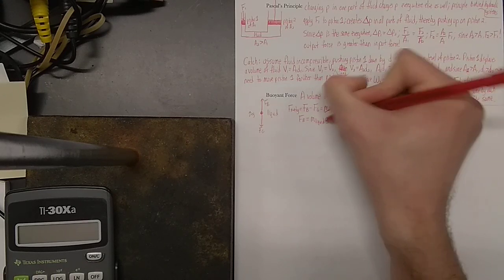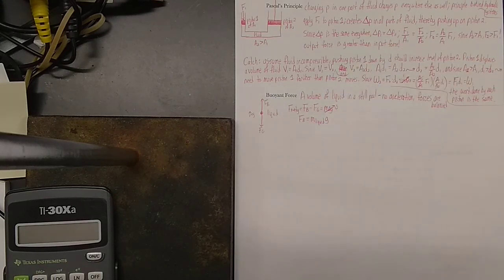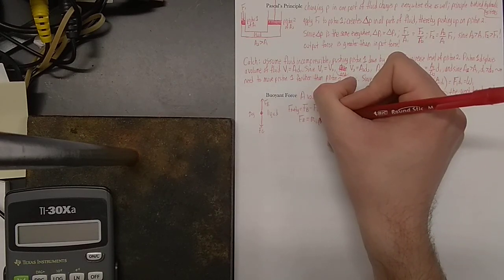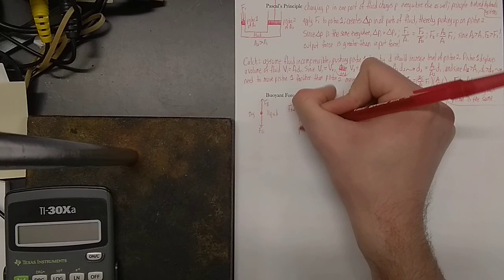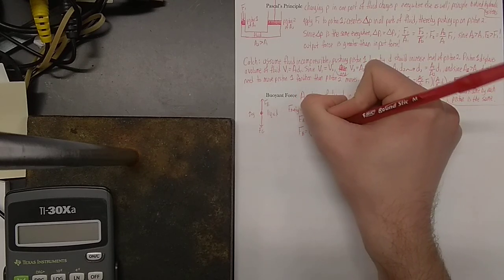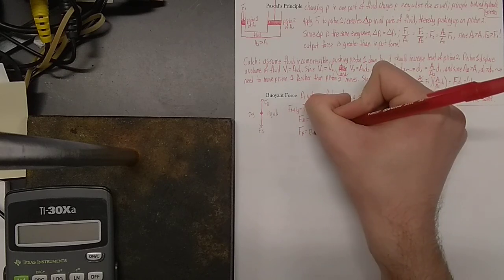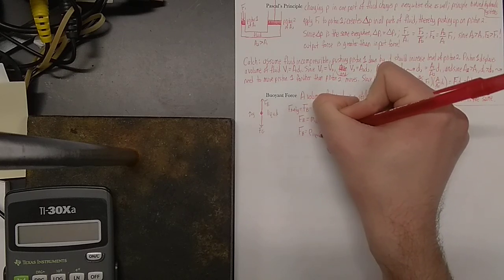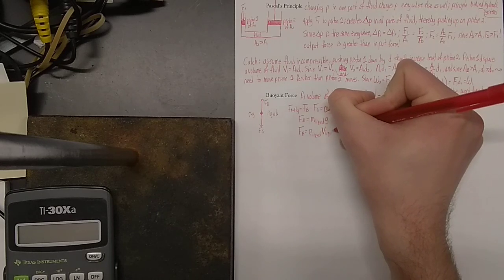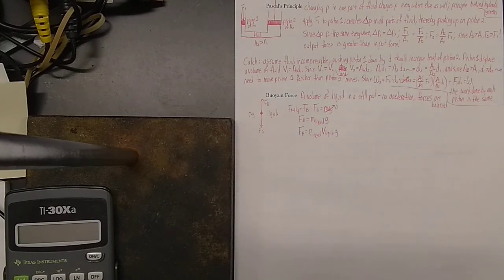But remember, we don't really talk about mass much in this unit. We're going to talk about density and volume instead. I know that density equals mass over volume, so I can rewrite this as the following. The buoyant force is equal to the density of the liquid multiplied by the volume of the liquid times g.